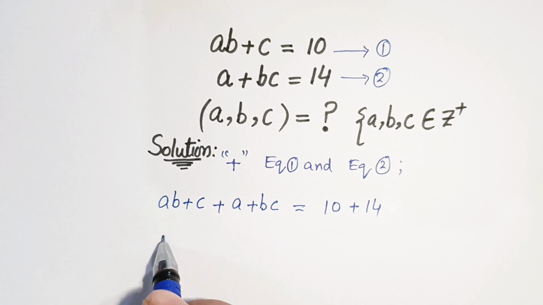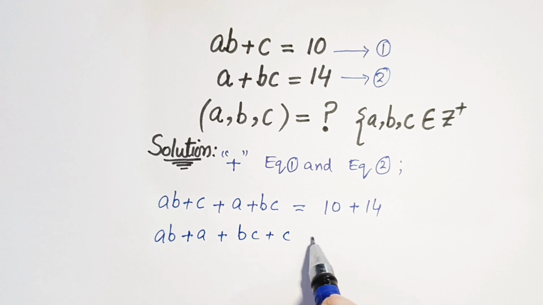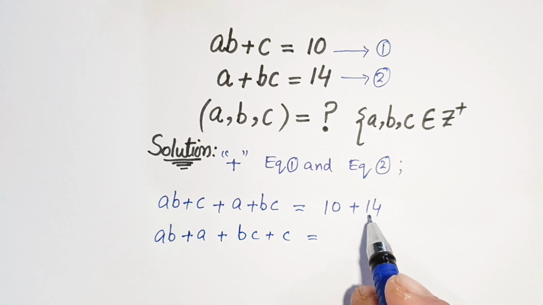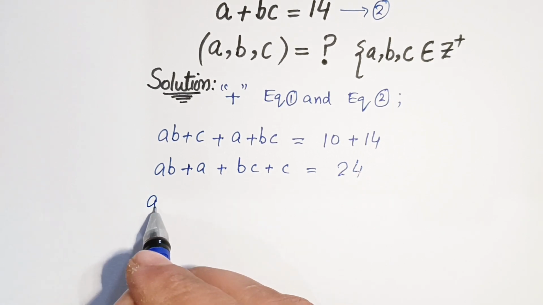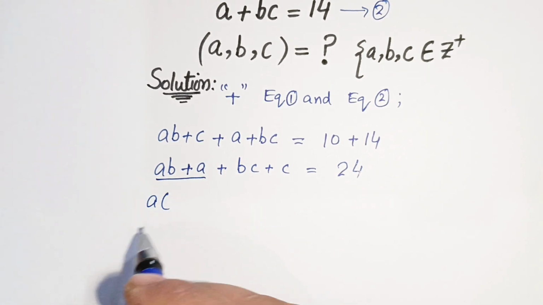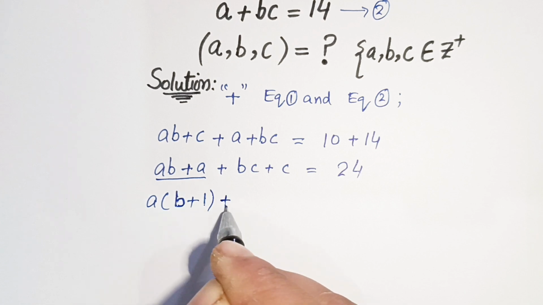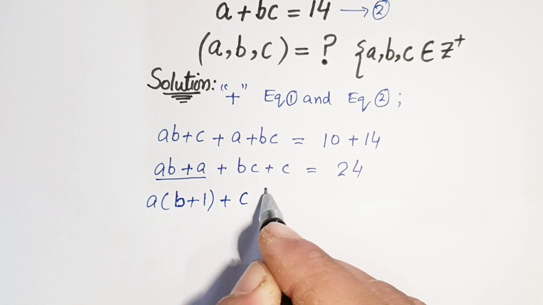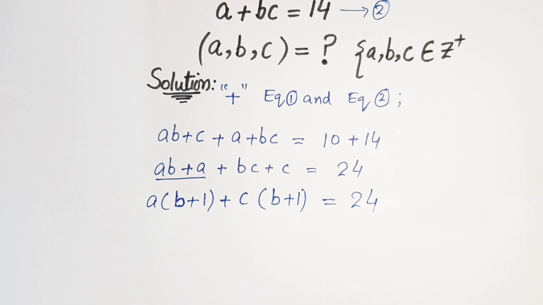So here we have ab, writing this a here, then we get a plus bc plus c is equal to 10 plus 14, which is equal to 24. Now if we take a common from this pair, we get b plus 1 inside the bracket, and if we take c common, we have b plus 1, which is equal to 24.